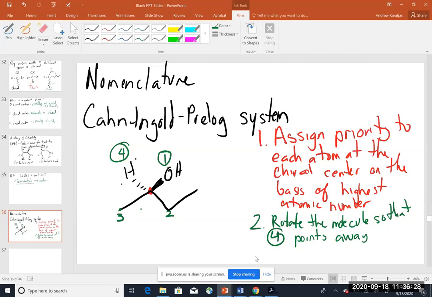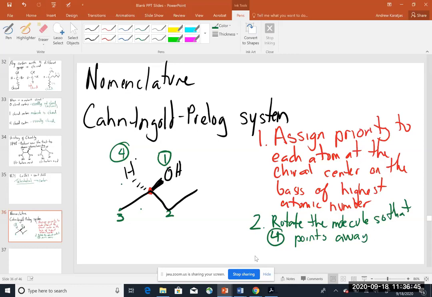Again, I'm having some technical difficulties here, so I can't show it to you on camera. But you literally can take your molecule and rotate it so that that lowest priority group points away from you.